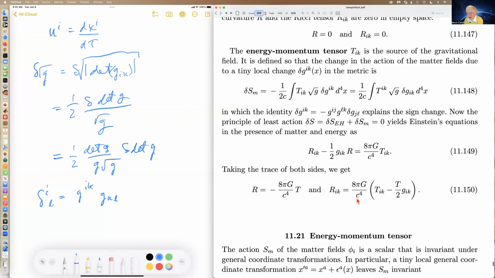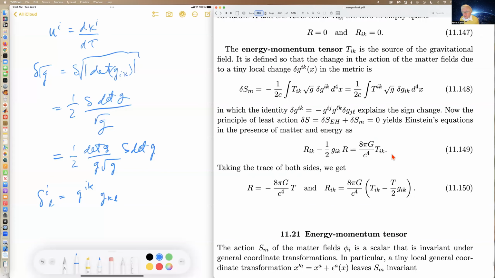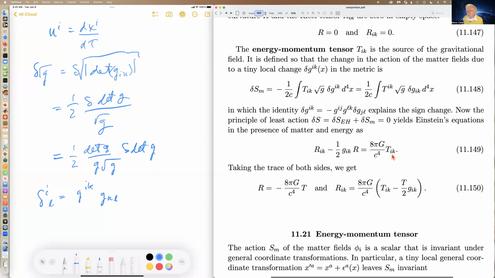And now the principle of least action, which is that the change in the total action vanishes to the lowest order, gives us that the gravitational part is equal to the energy momentum part. And so these are Einstein's equations, and this is the basis of all cosmology that we do.